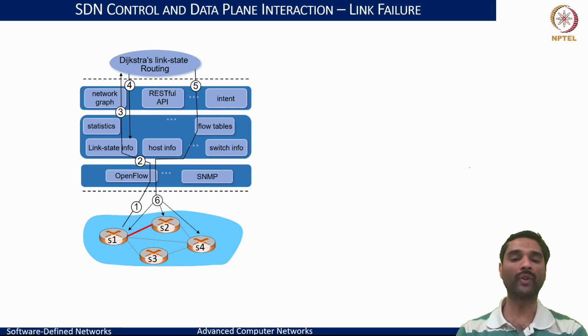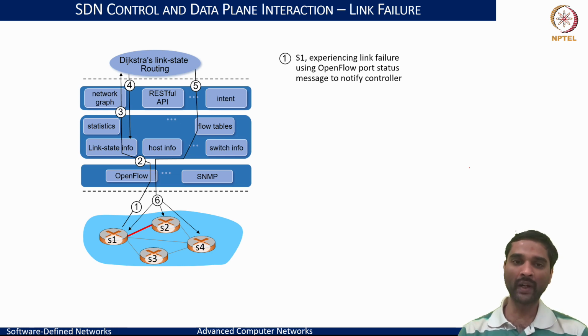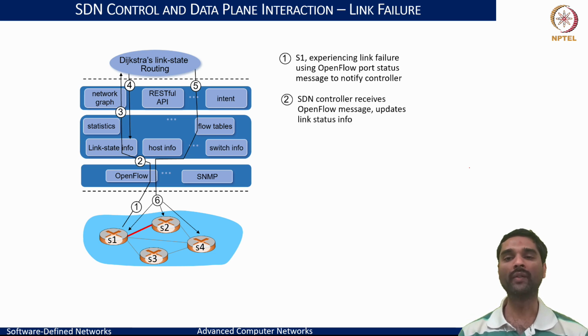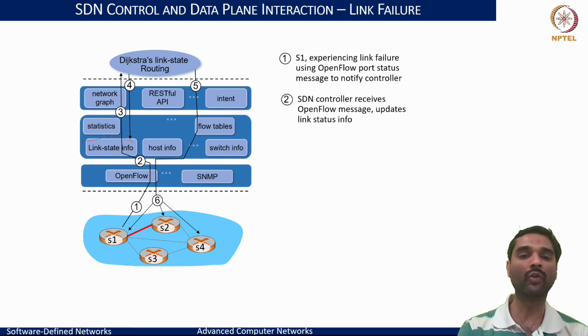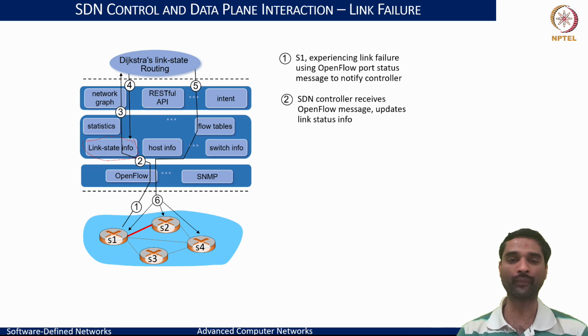What would happen when the link S1, S2 goes down is, first, as soon as the switch experiences the link down, S1 or S2 would send a link failure message back to the SDN controller through the OpenFlow interface. Once the controller is notified, it would process this message and update the link state info table, indicating that link S1, S2 is now down.